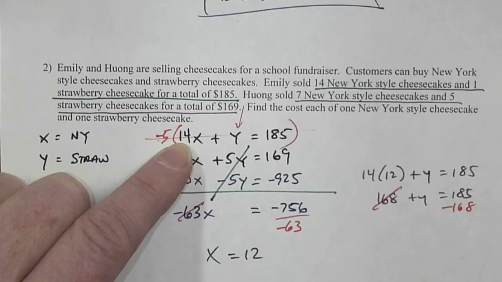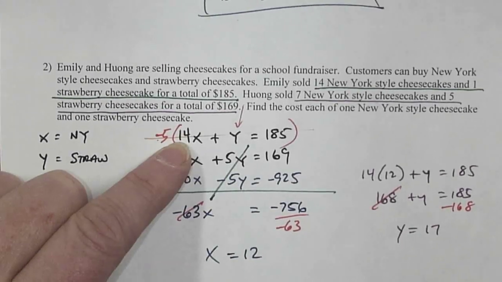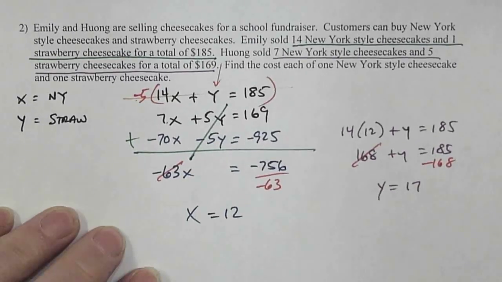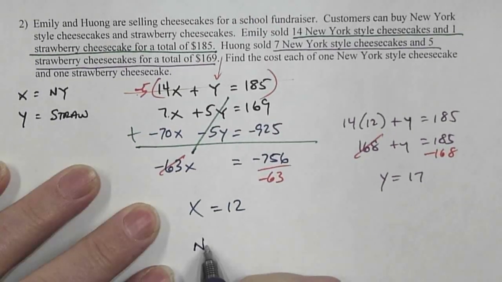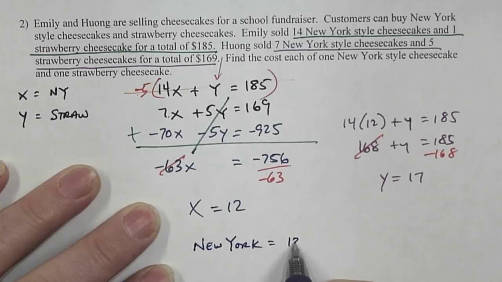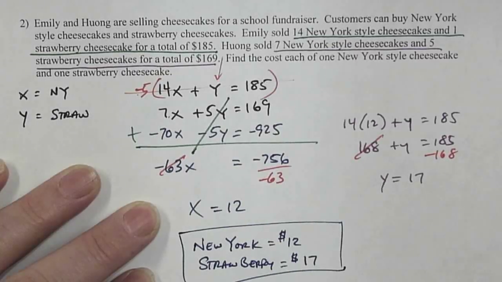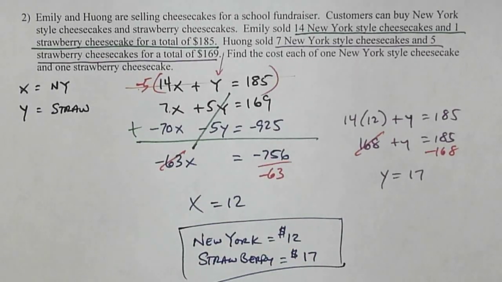Subtract, and I get 17. So a strawberry cheesecake is $17. So I'm going to say New York is $12 and strawberry, which sounds about right because you're adding a flavor in there, is $17. Here's a couple examples of word problems for you.